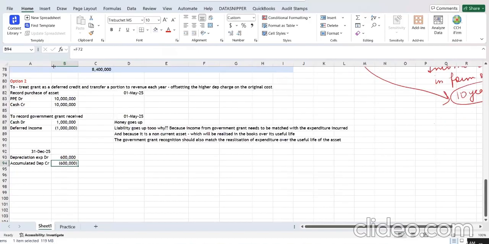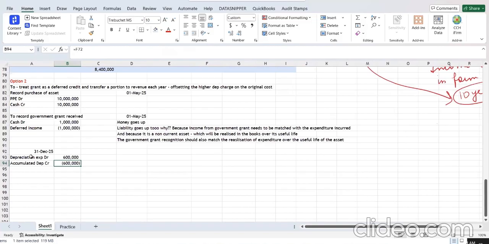So I'm debiting my depreciation and I'm crediting my accumulated depreciation. But I hope you are identifying the error here.